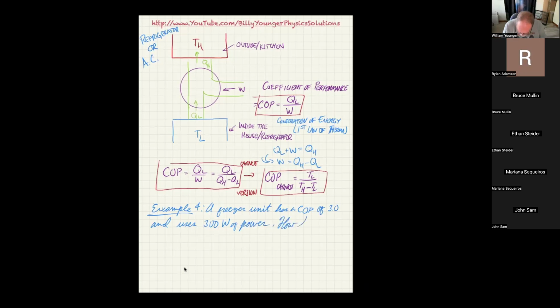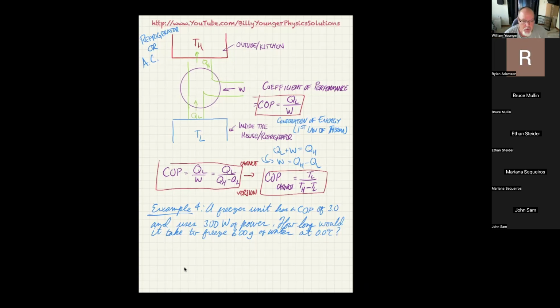How long would it take to freeze 600 grams of water at 0.0 degrees Celsius? So that's how much heat we're able to actually take out, is what they're really asking there.